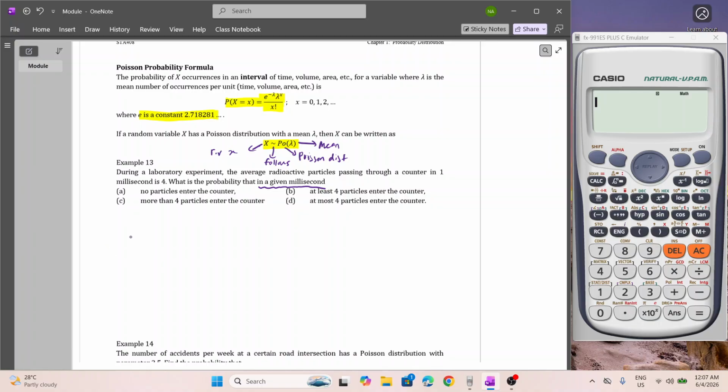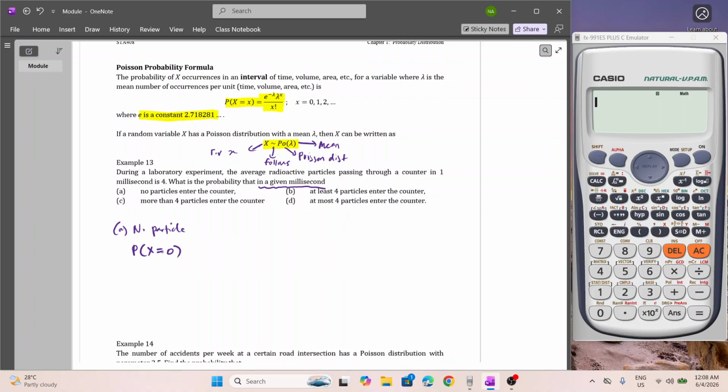So now let's try to solve question A. No particles enter the counter. It also means that we want to find the probability of x is equal to 0, right?